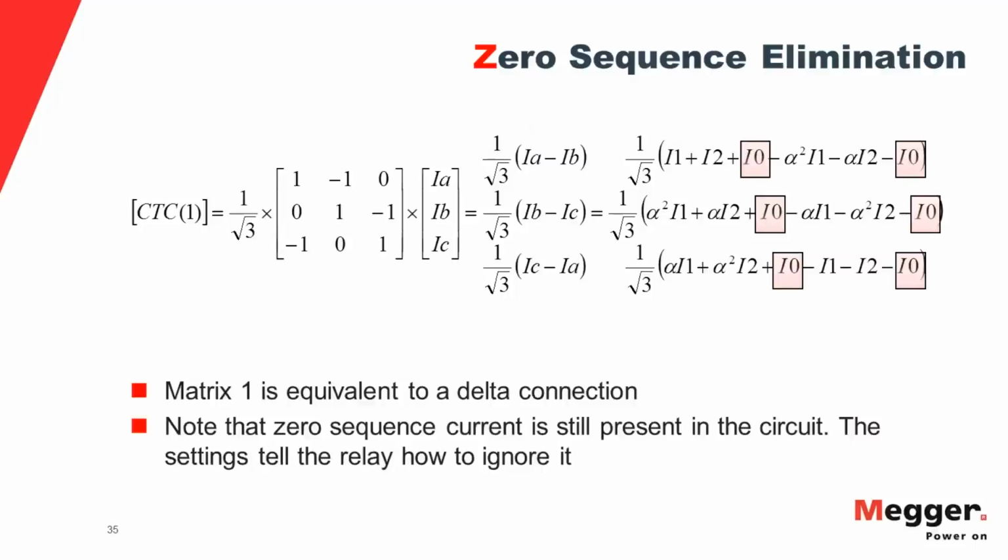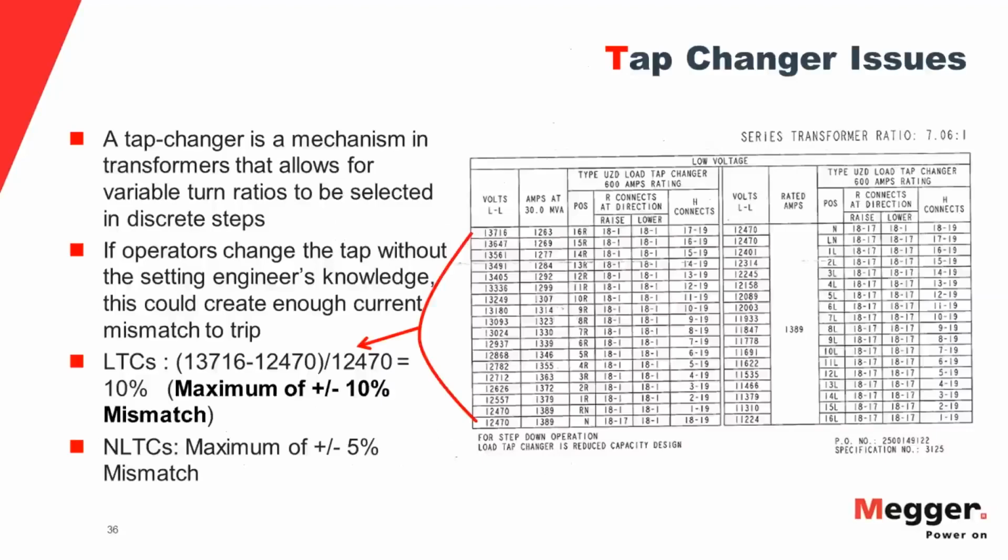As you can see, I've taken an example here. This is a transformer, I think it's Waukesha, and the nominal value of voltage for this transformer is 12.47 kV, and it can go to a max of 13.716 kV. Corresponding to those two values, I have 1389 amps and 1263 amps.